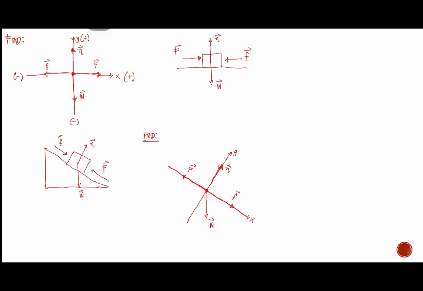Okay, now if we tilt this back to its original Cartesian plane, it will look like this. So this is the regular Cartesian plane. Okay, so again, we have here our object. So the normal force is right here, and then our friction force is on the positive x-axis.